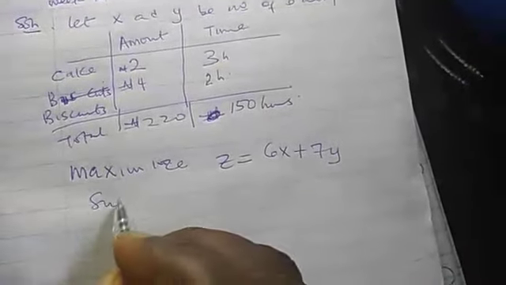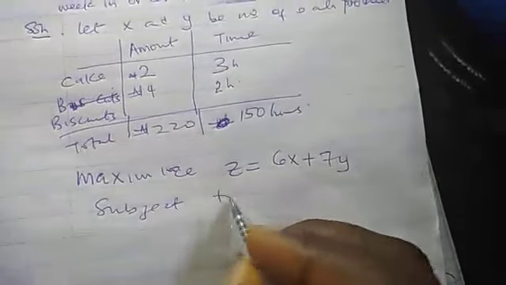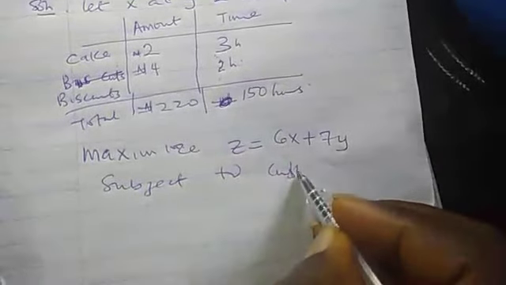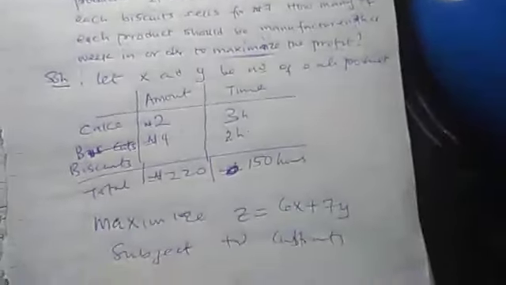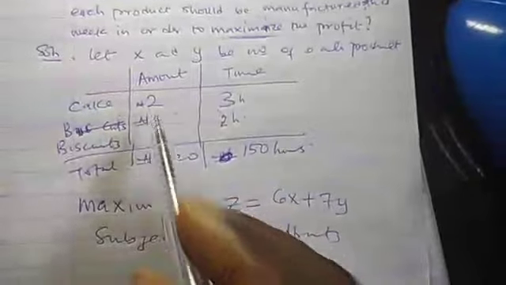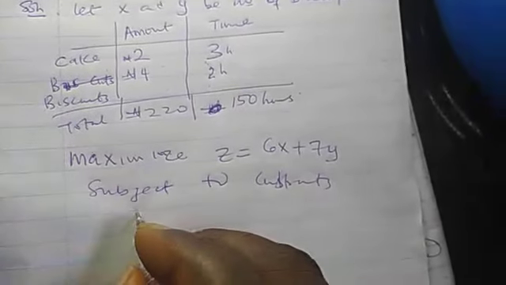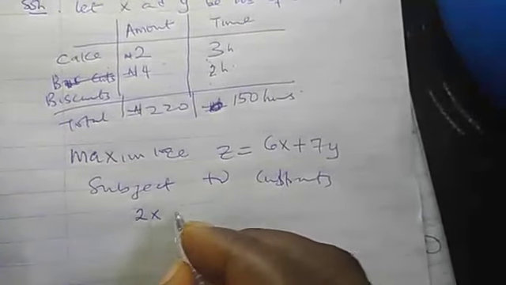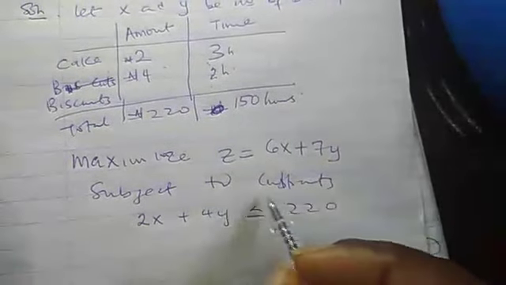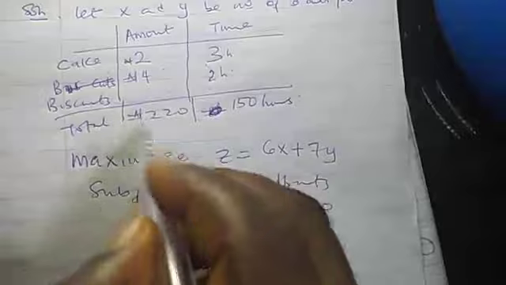So you will now say subject to the constraints. I've told you the ingredients or the things involved in making those products are the constraints. So here we are going to have 2x plus 4y less than or equal to 220.